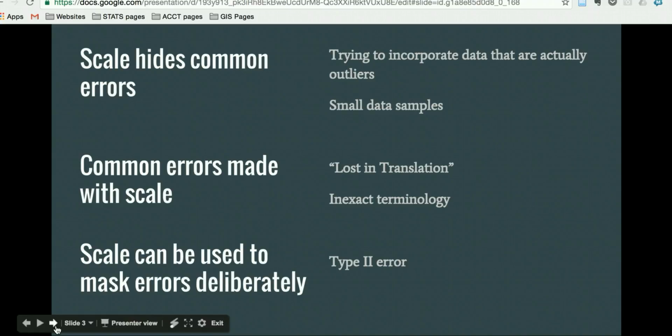Even though that makes your sample seem weaker, a weaker representation of your population, you have to do it. That's the ethical thing to do. And that's a way that scale can be manipulated that you can't even see on the chart. And that's actually a type 2 error if the disparity is great enough.